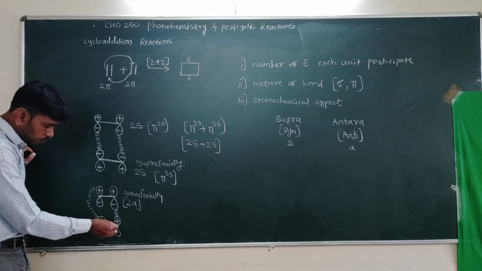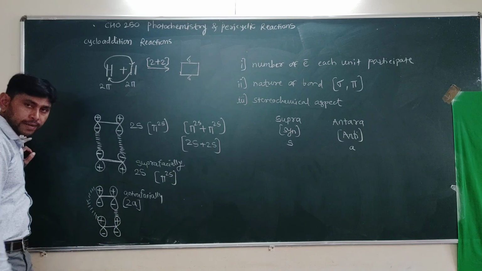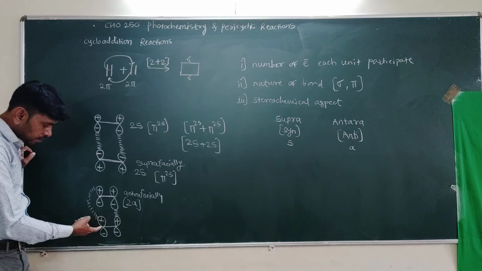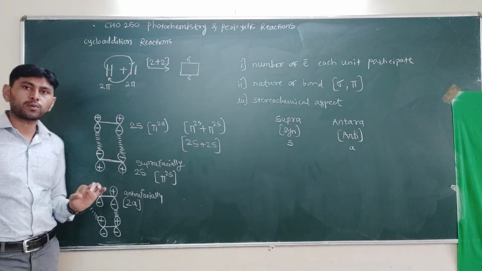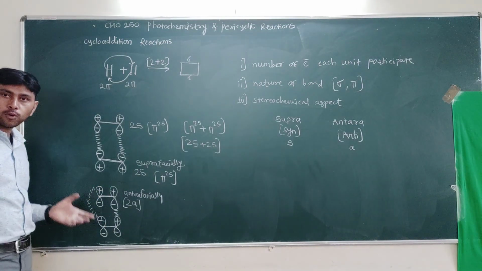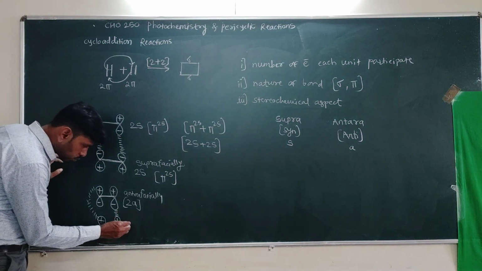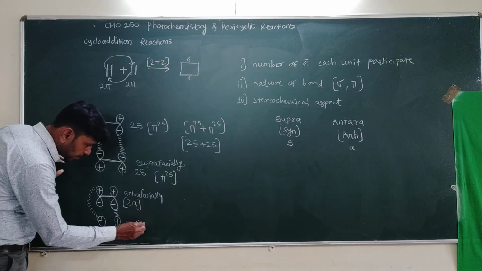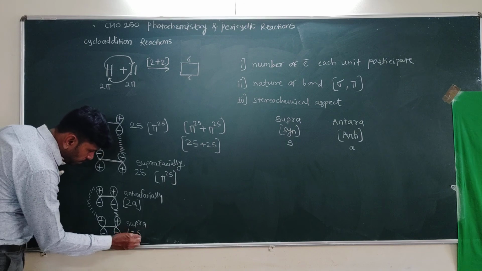Okay, now look at this. In this case, both the above lobes are used for overlapping. So this one is above the plane, this one is above the plane. Both orbitals used here are above the plane. So this acts suprafacially. That means 2s.